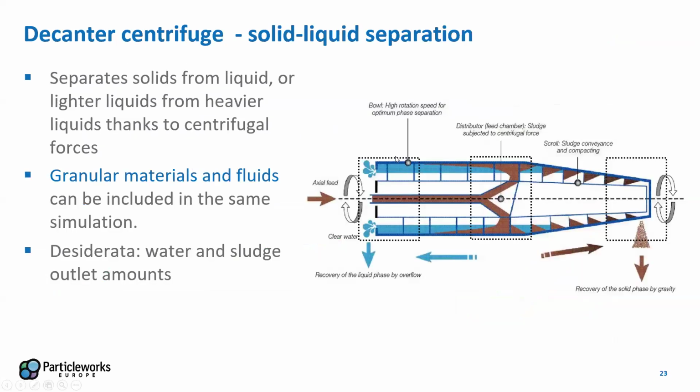Here is another type of system we can easily address with the coupling. So basically we have a feeder in a separator with a fluid and a solid that need to be discharged separately.